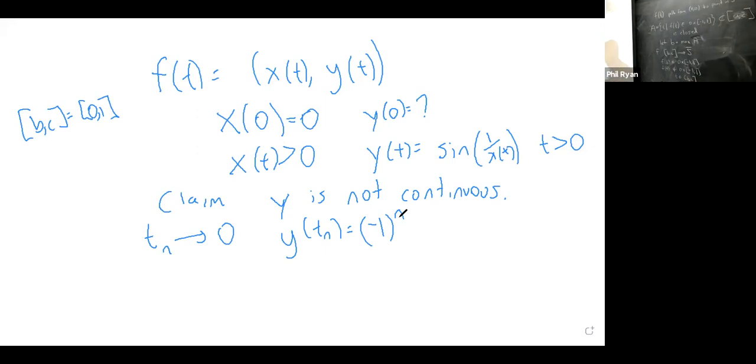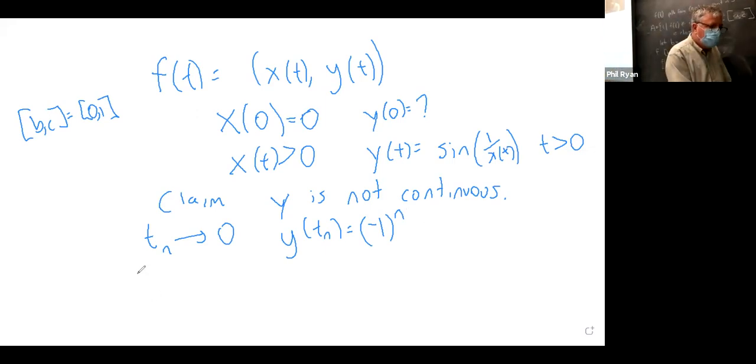Because we've got a sequence here which converges, but the sequence here doesn't converge. That means y is not continuous if this is true. And how can we do that?